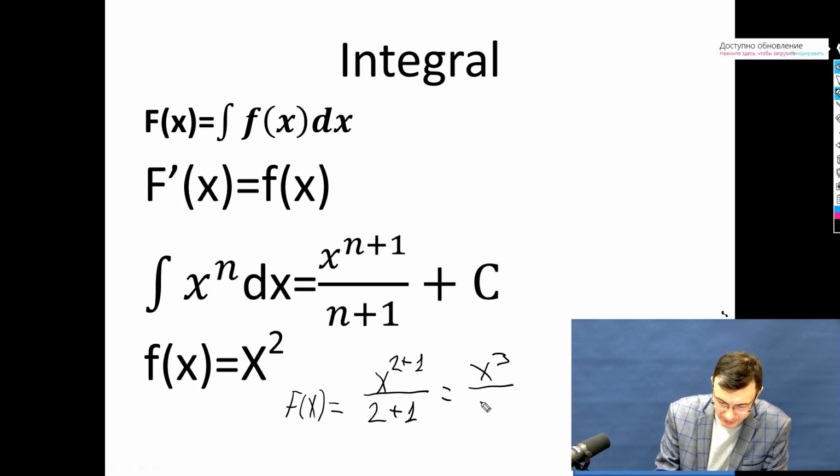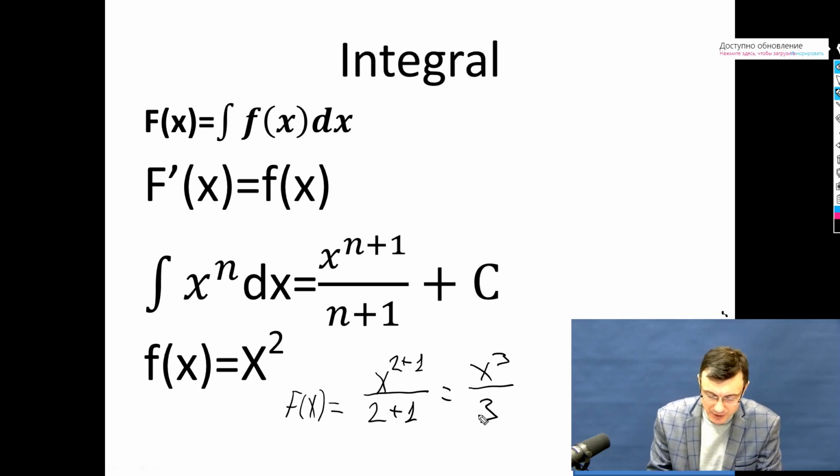It will be x to the power 3 divided by 3.